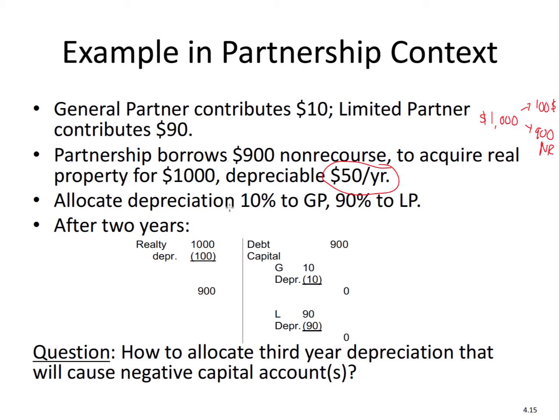So we allocate the depreciation 10% to GP, 90% to LP. That is what the partnership agreement says. So the question becomes, will this allocation be respected? Again, I recommend if you have not done so, go back and watch the first video, because the first thing you want to do is look at substantial economic effect.